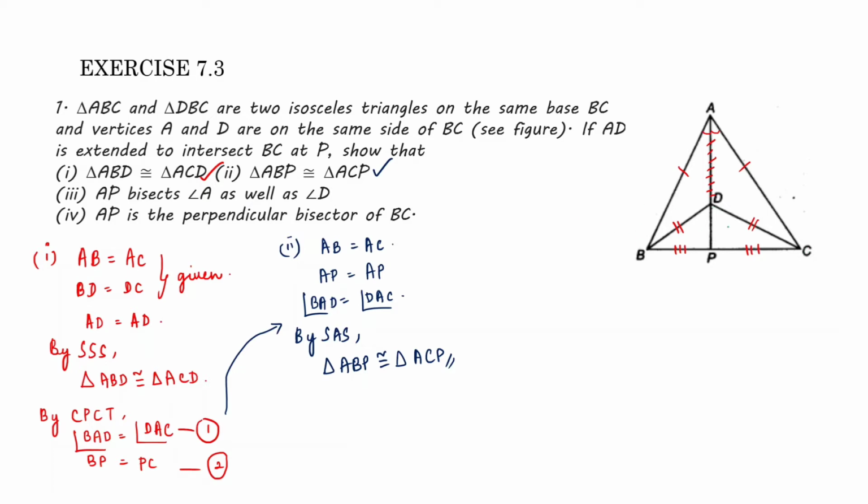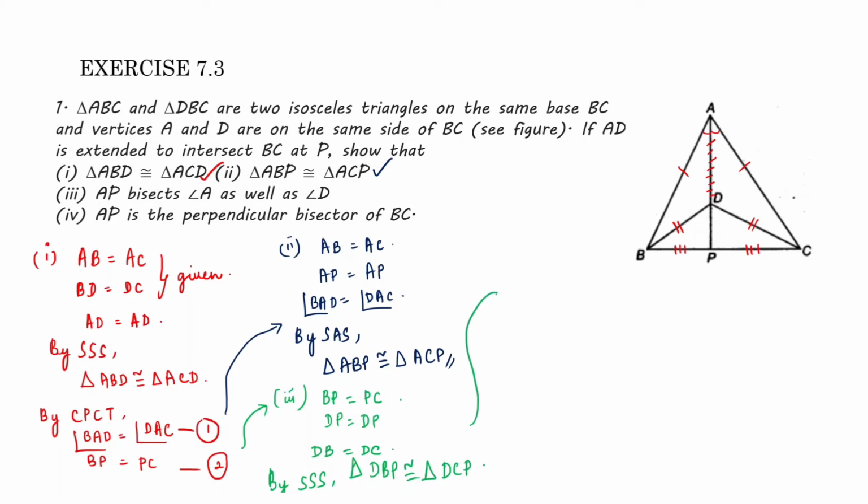Comparing these two triangles, we find that side BP is equal to PC by equation 2. Also, we know that side DP is equal to side DP because they are both common sides. Also, side DB is equal to side DC, which is given in the question. Thus, by SSS congruency, we could say that triangle DBP is congruent to triangle DCP.